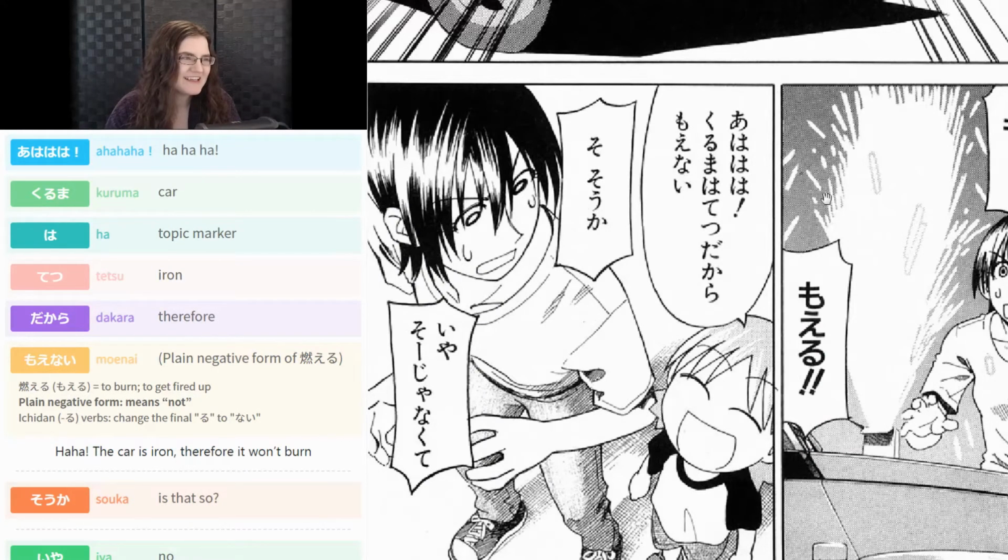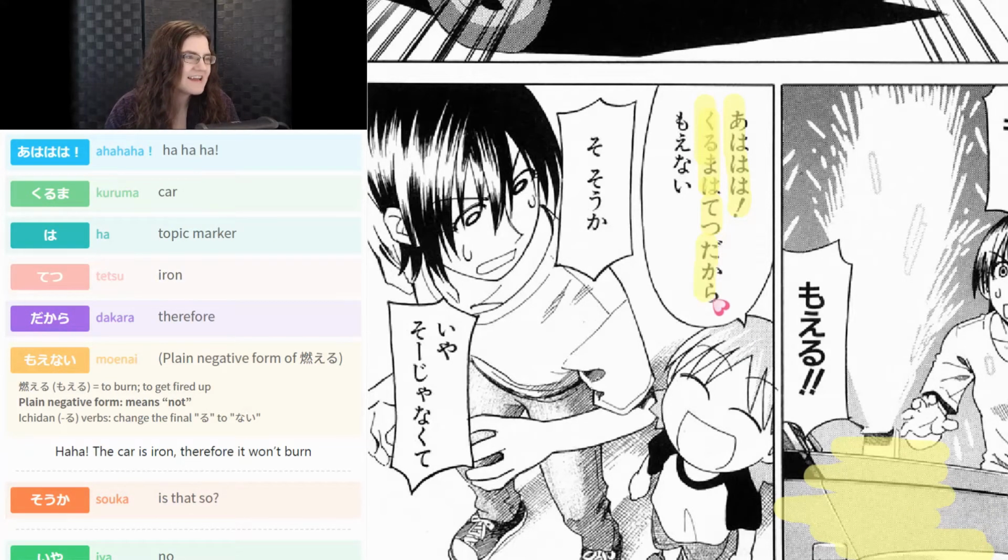And Yotsuba is unconcerned. 車は鉄だから燃えない. She's just laughing here. Her sweet, innocent laugh. And then kuruma is car. Wa makes that our topic. Tetsu is iron, which is what she's thinking this car is made of. Maybe.